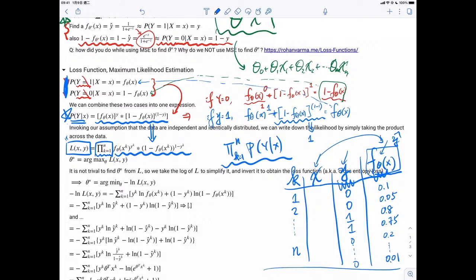However, right here we cannot do that because we would like the y hat, for example this one, to be very close to 0, and it would be better if it is 0. You can think of it in this way.